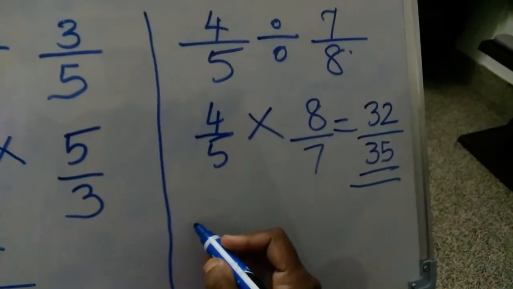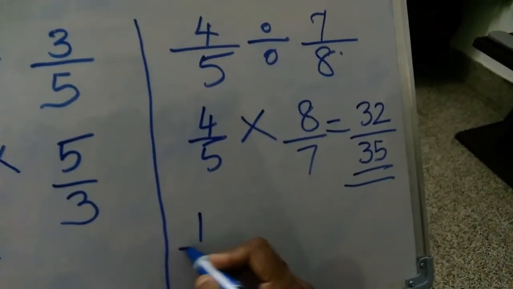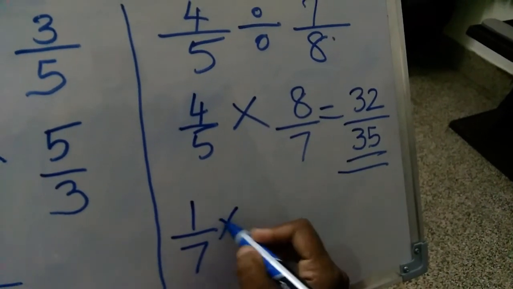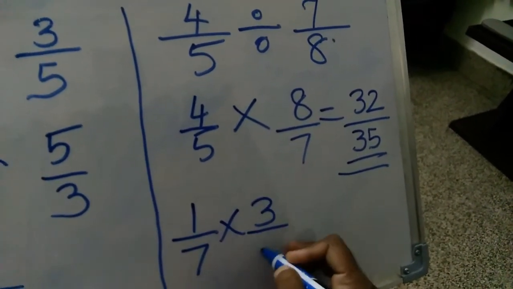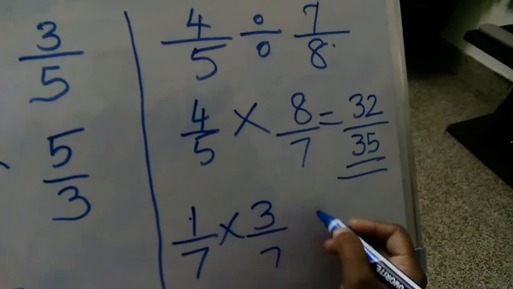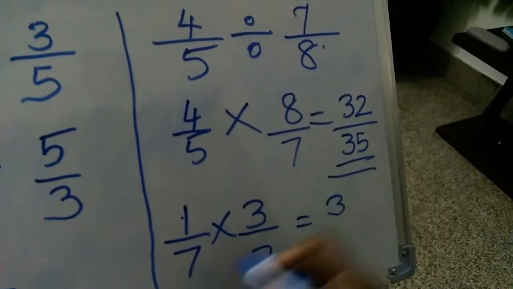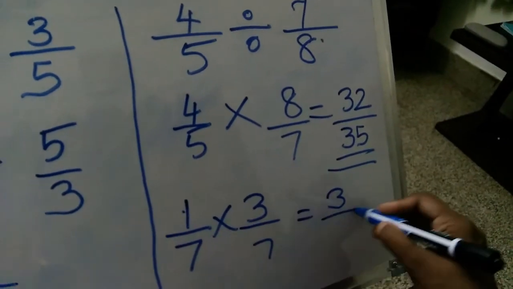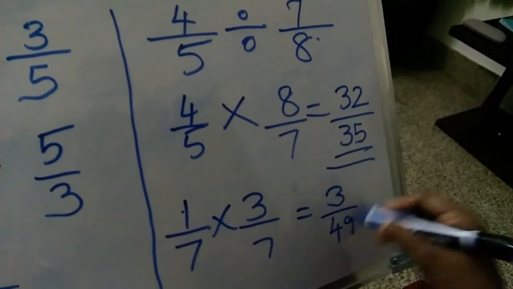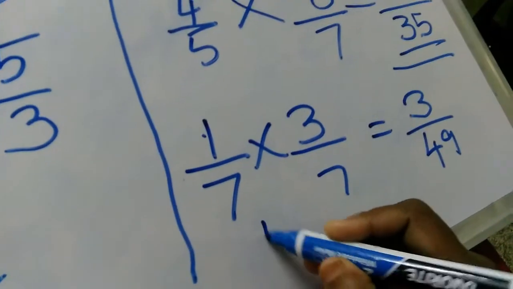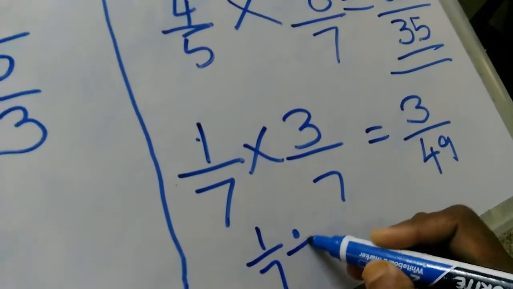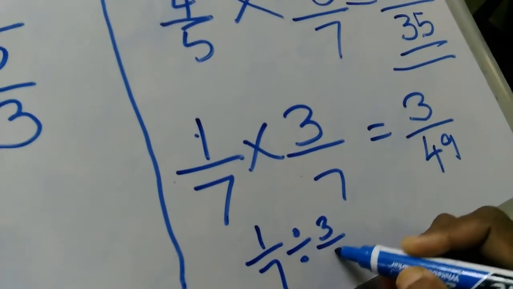Now another example. 1 upon 7 into 3 upon 7. 1 into 3, 3. 7 into 7, 49. Now division. 1 upon 7 divided by 3 upon 7.